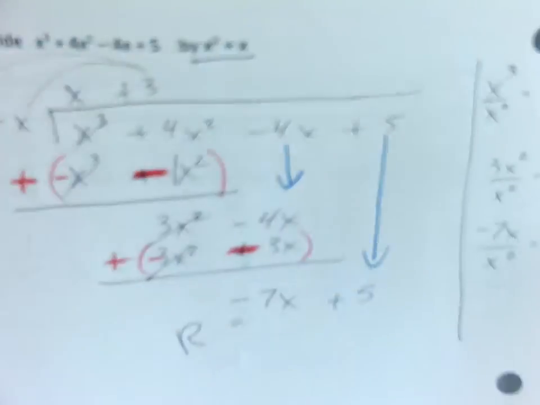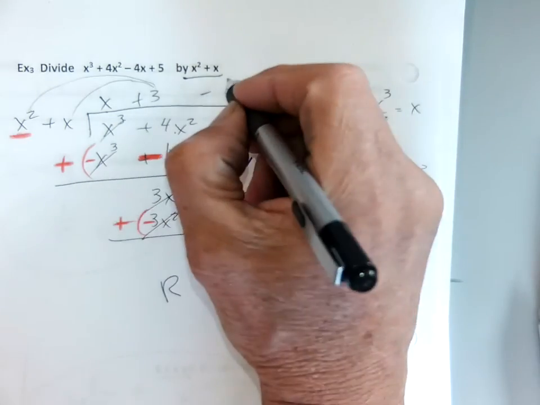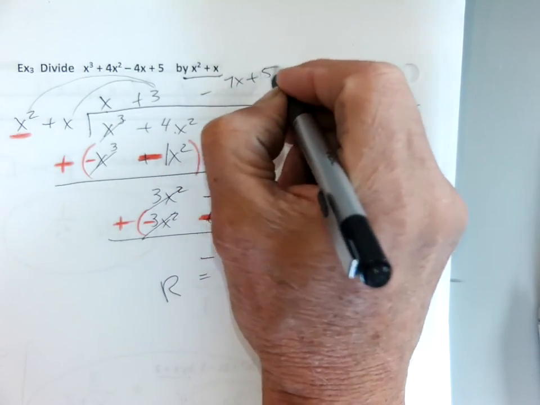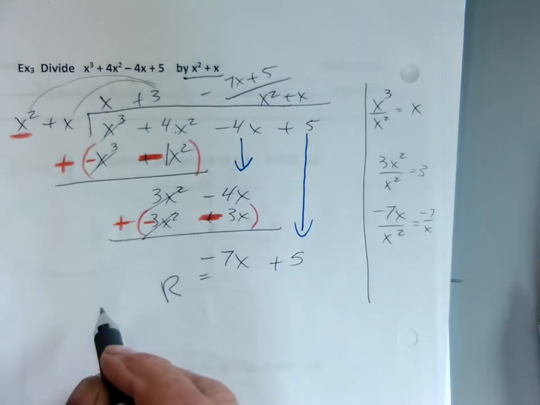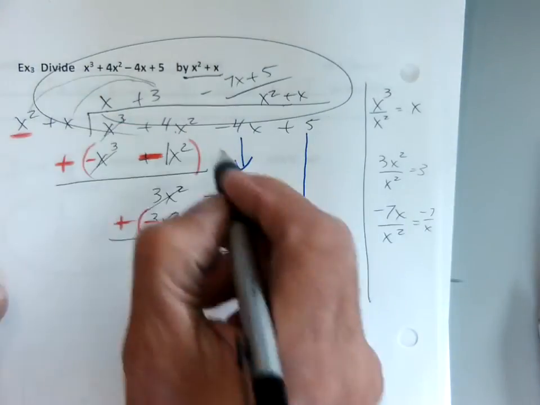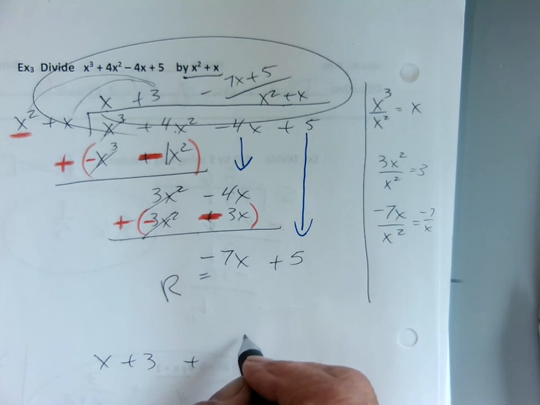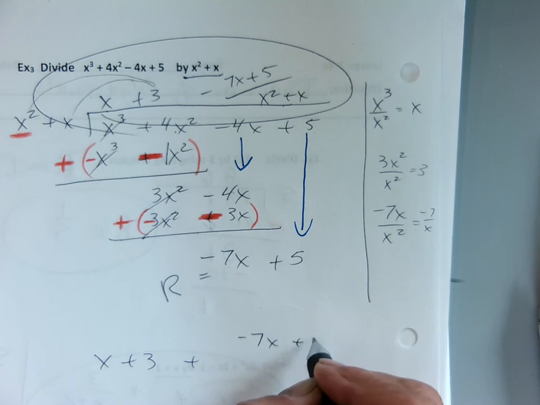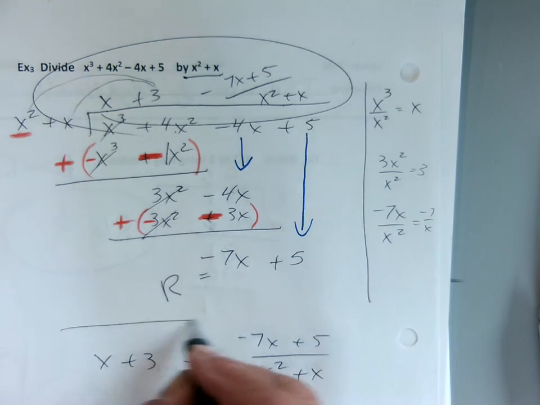I'm going to take my negative 7x plus 5 and put it over my x squared plus x. Now, my answer then is all of this. It is x plus 3 plus a negative 7x plus 5 over x squared plus x.